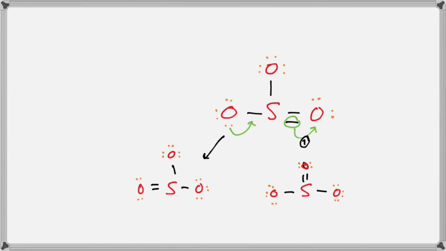Could I have done that arrow first? We'll call it blue. And then added an arrow to go from here to here?